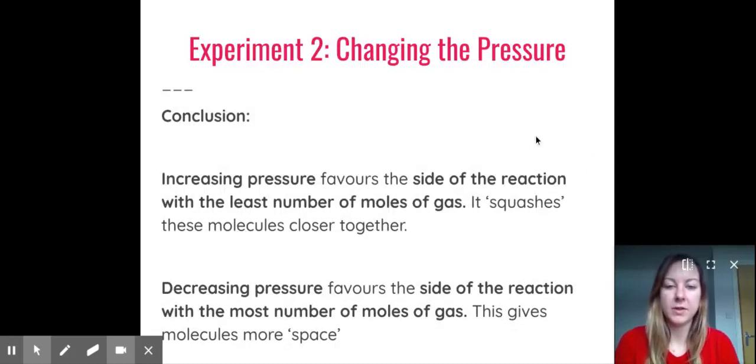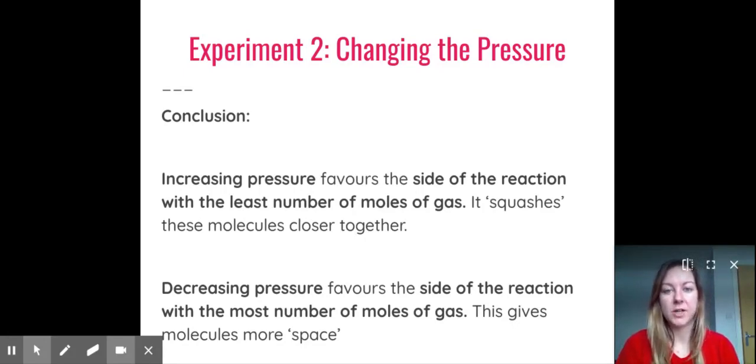So a straightforward, simple understanding of why this happens is when you increase pressure, you are limiting the available space there is for molecules to move around. So it's going to favour the side that has the least number of moles of gas, or the least number of molecules moving around, and squashes them closer together.